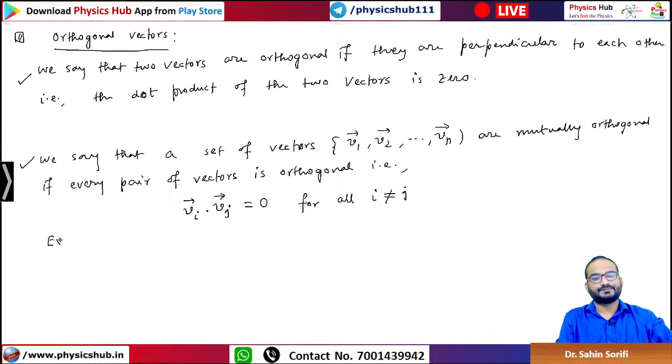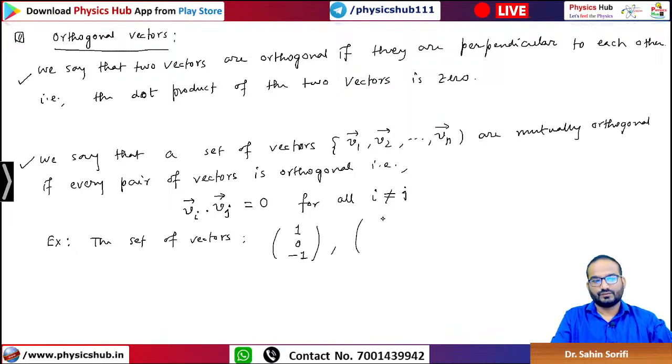Let's take an example. Let's say we are given this set of vectors: 1, 0, minus 1, this is v1. 1, root 2, 1, this is v2.